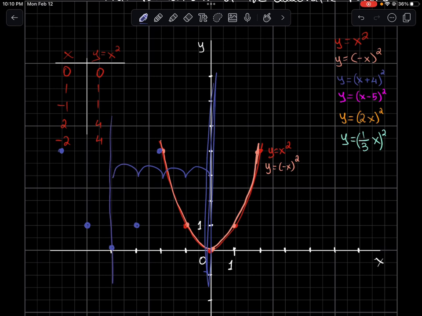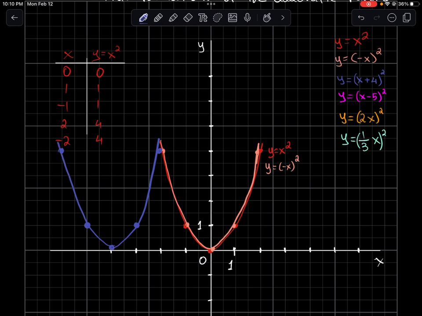So it's going to be right there going through the vertex. So when I draw it, make sure it's symmetric about that axis. So that's one branch, that's the other branch, and that would be the graph of y equals x plus 4 squared.